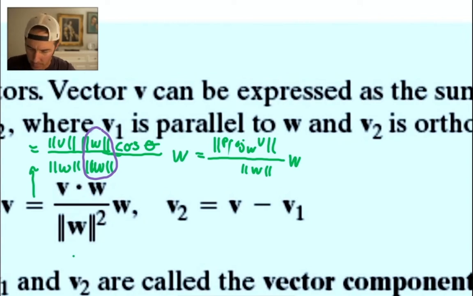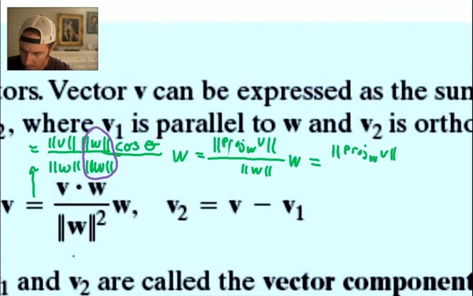This looks familiar also. This is really a number, and this is a number, and this is a vector. Okay, so what I'm going to do is write this as the magnitude of the projection of v onto w. So there's that magnitude.